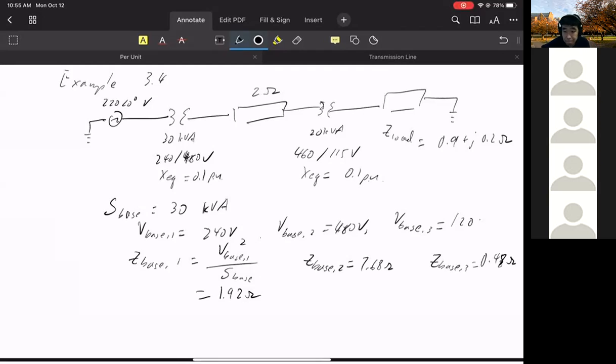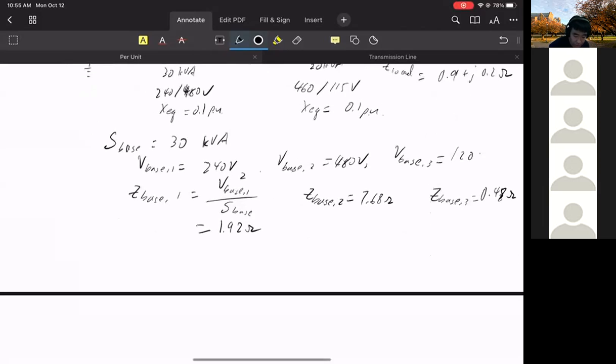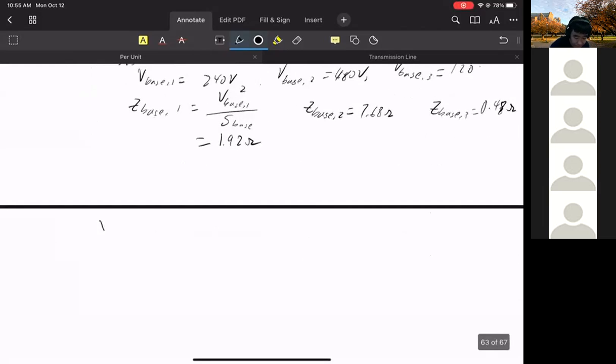Okay, so now let's see what happens for the per unit values. Then we have the X equivalent for transformer 1. For transformer 1, this doesn't change.